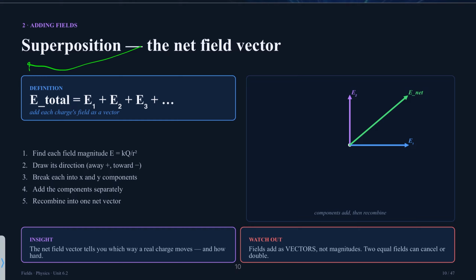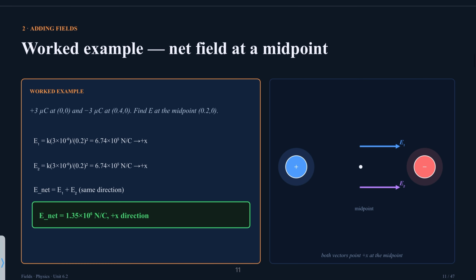We move vectors, so we could move this E2 here to E1, and then we could construct E net from that. So just same thing we already know, right? But what we're going to look at is how we can superpose with net fields, okay, with electric fields. So let's take a look at that.